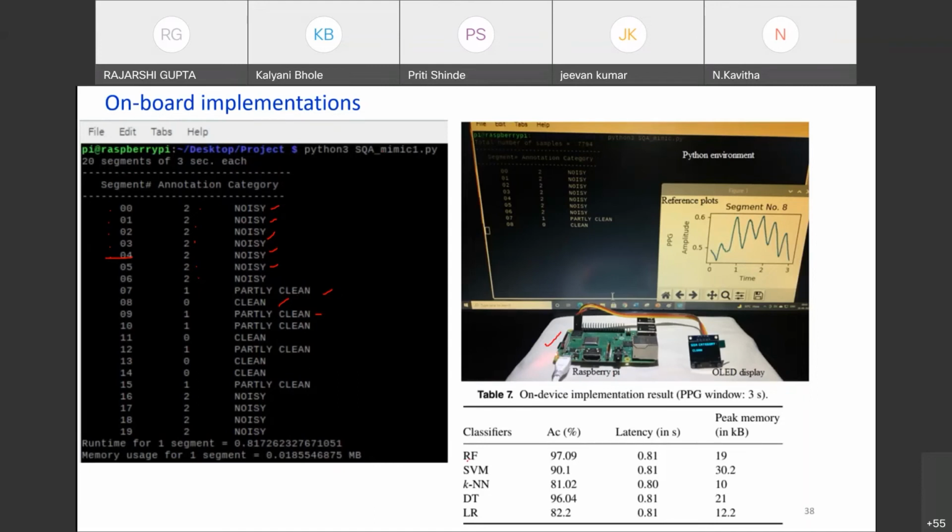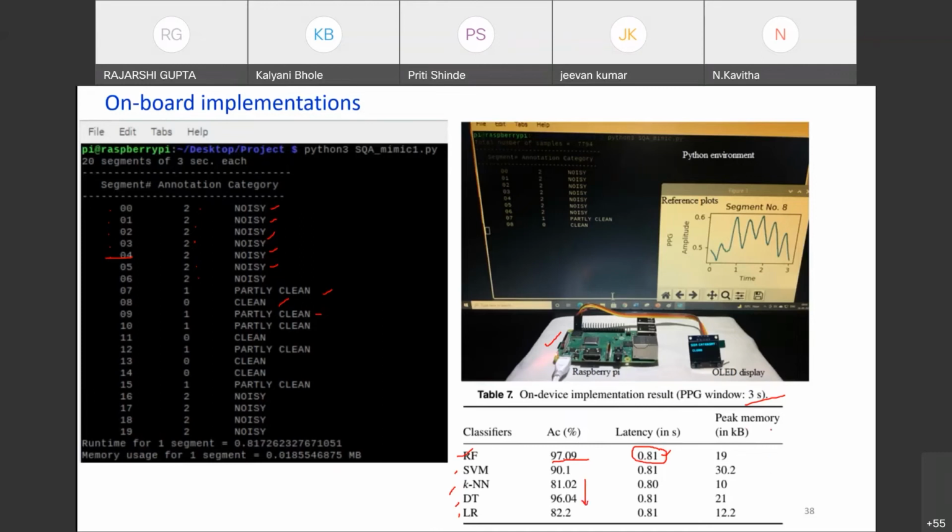You can see that in the case of random forest, we get the highest accuracy. The latency for 3-second data was only 0.1 second. This is very good in terms of a standalone system. We used other classifiers like SVM, KNN, decision tree, and logistic regression, but these provided somewhat inferior results.